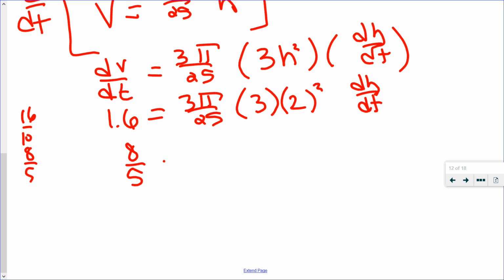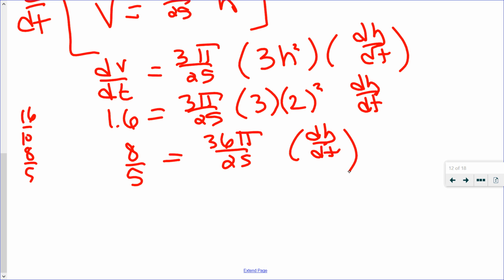So 8 over 5 is equal to, and then let's tidy this up. So I have 3 times 3 is 9, times 2 squared, which is 4, is 36 pi over 25 times dh by dt.